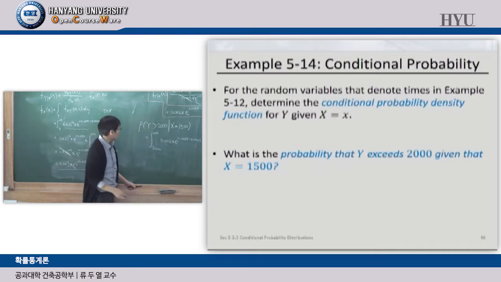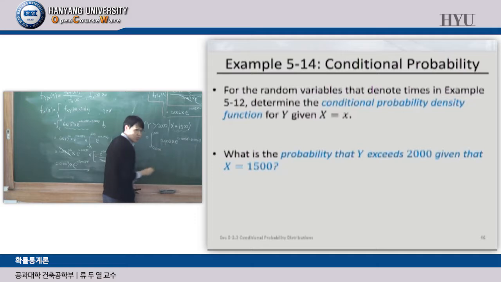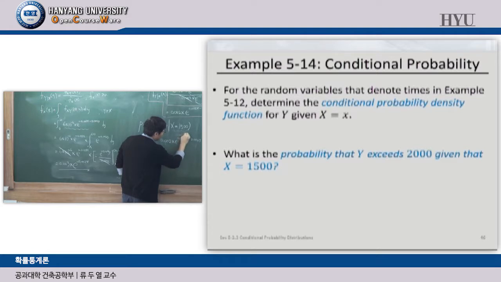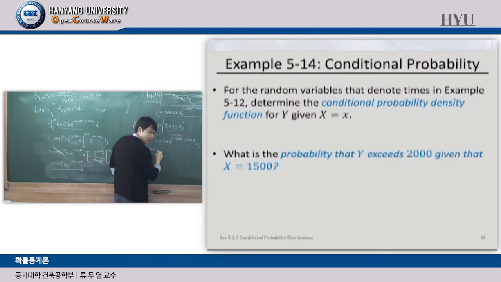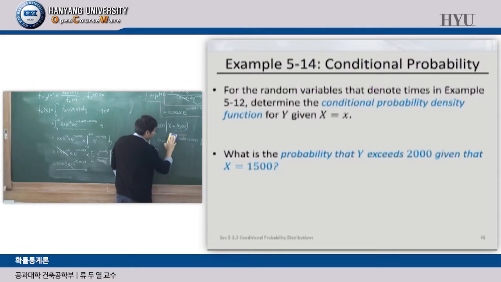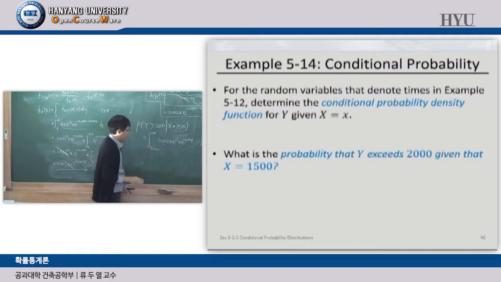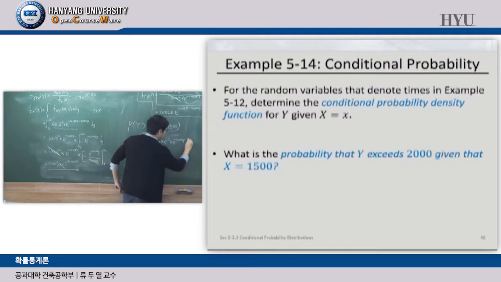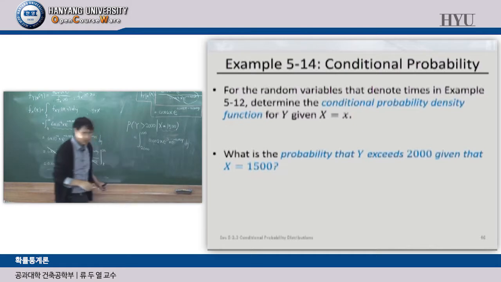But from the question, x is equal to 1500, which means that this can be written as 0.002 times 1500. What is that? That is equal to 3. So this can be written as 3 times exponential minus 0.002y.